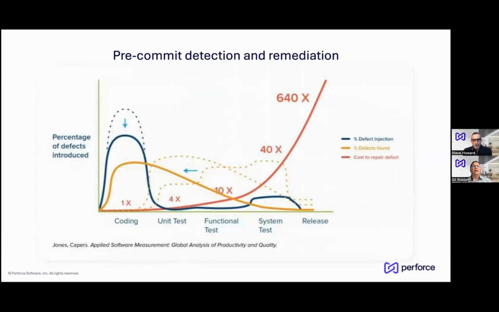So we're looking at the same Capers Jones graph, but now we're looking at what happens if we do pre-commit detection and remediation. And so you can see the orange line, which is indicating where the defects have been found. Now we're finding defects much earlier in the cycle. And by finding them much earlier in the cycle, you can see by the red line that the cost to repair those defects is much lower.